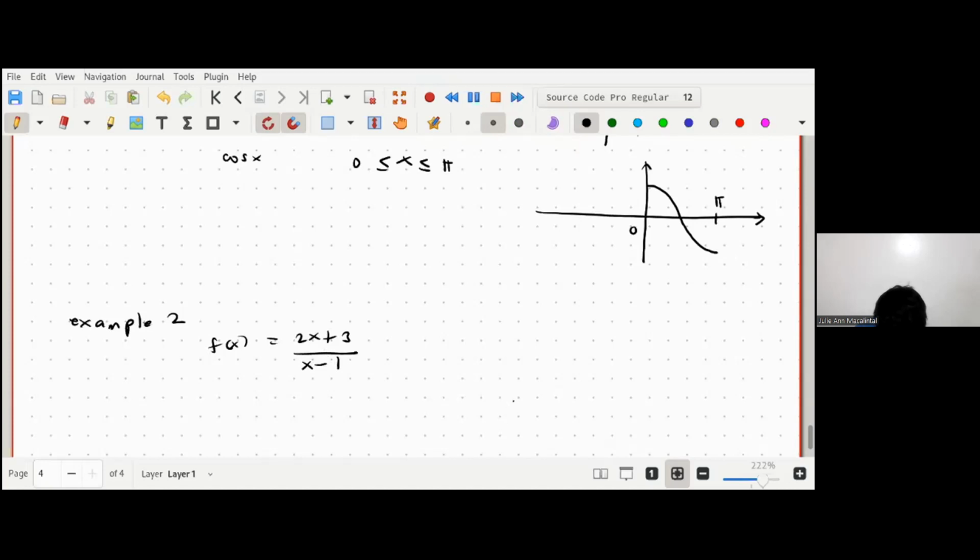Ang tanong ay, prove analytically that the function is 1 to 1 in the interval on each, so minus infinity to 1 and 1 to infinity. So hindi included yung 1.